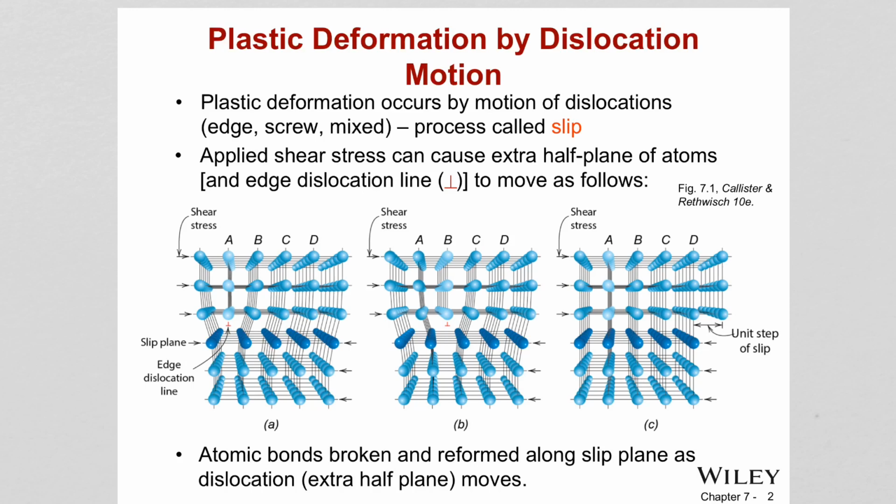And those theoretical calculations showed very high strength values compared to what we observe in reality. So theoretically we predict the material requires much higher stress levels in order to permanently shape it, but in reality it doesn't require that much stress.